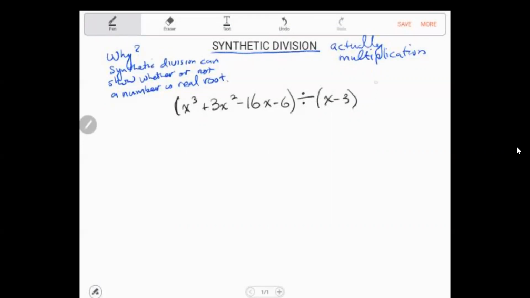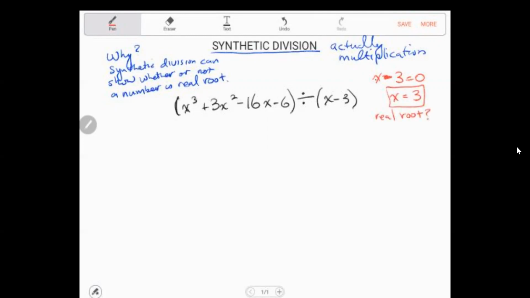Remember that we're checking. We have x minus 3 equals 0, so we're checking if x equals 3 is a real root.